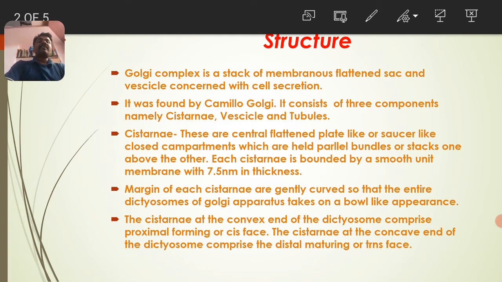These are central flattened plate-like or saucer-like closed compartments which are held in parallel bundles or stacks one above the other. Each cisterna is bounded by a smooth unit membrane, 7.5 nanometers in thickness.